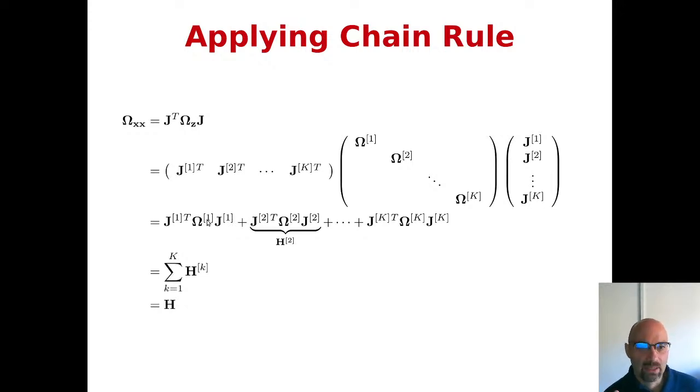At the same time, I know that the contribution of this term will have rank 1. So one measurement, in the best of cases, if I have a one-dimensional measurement, will qualify only one dimension of my H matrix.